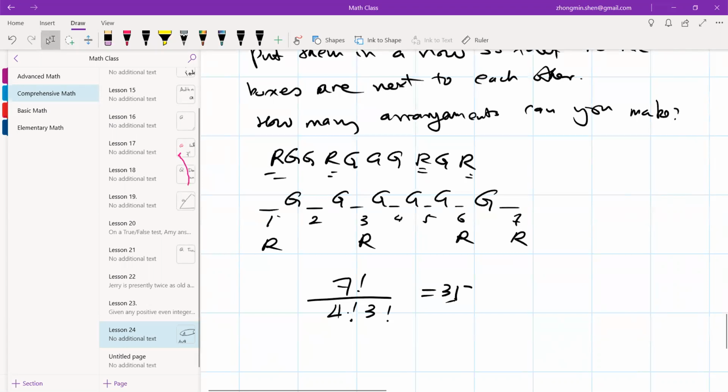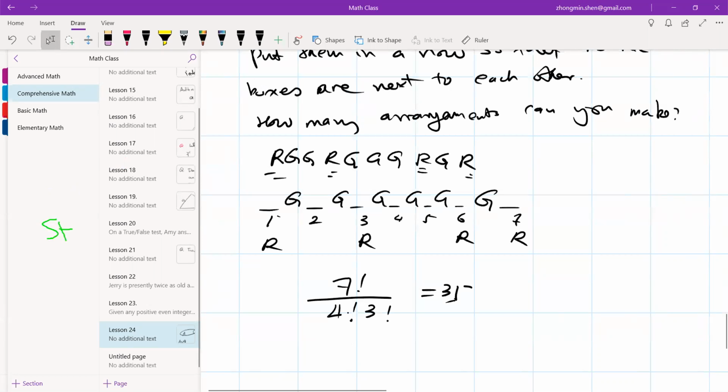So first of all, you line up these green boxes in a row, right? You decide to insert the red boxes, okay? But two red boxes cannot be next to each other. So between two green boxes, you can only put one. You cannot put two, right? Then how many spaces between the green boxes or outside?